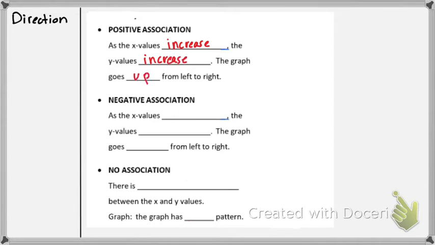If we have a little example of what this looks like, we have a graph with just the first quadrant, with our x and y axes. Let's say we have some plots and they look like this.